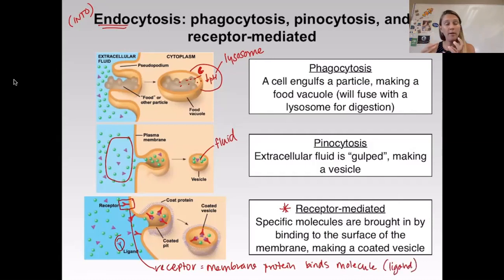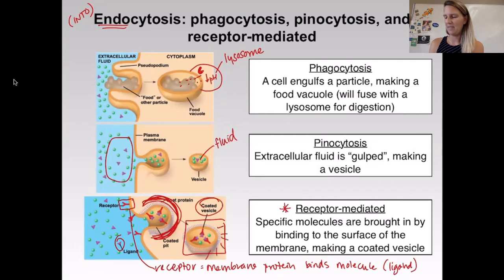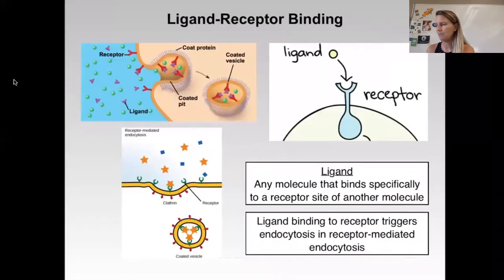And upon binding, when the ligand binds the receptor, or when the molecule binds a membrane protein, that just causes the membrane to change shape and make a vesicle. And these vesicles are fancy, they're called coated. And that's just a different way of taking things into the cell, all right?